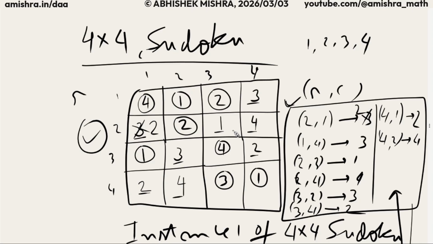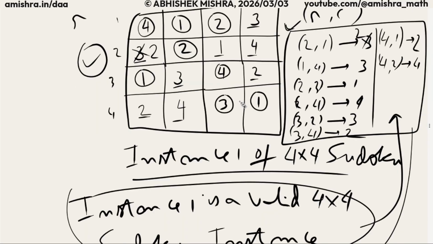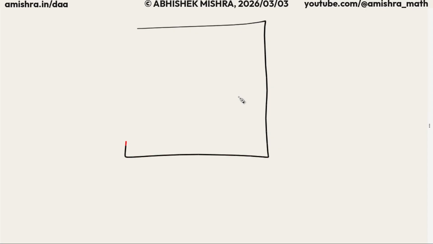Now we'll also see another example of an invalid instance. So a very small change I will do in the original problem to create an invalid instance. So an invalid instance we simply define as a 4x4 Sudoku puzzle which cannot be solved.